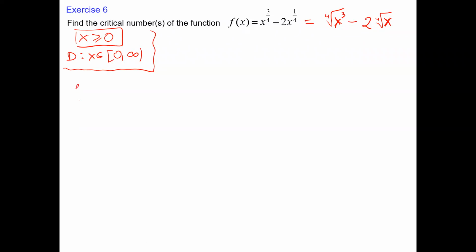Okay, let's find the derivative. 3/4 x to the power of negative 1/4 minus 2 times the derivative of x to the 1/4, which will be 1/4 x to the power of negative 3/4. Okay, and let's do the same. Let's factor out the common factor. Okay, no, I can keep this.